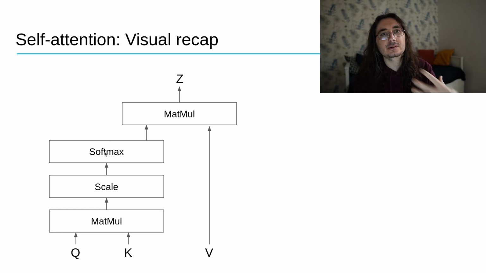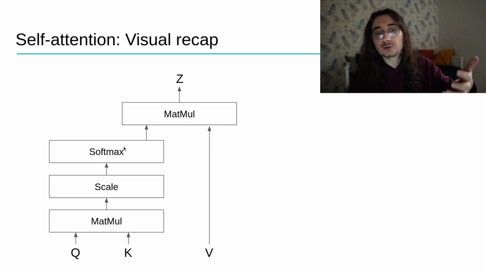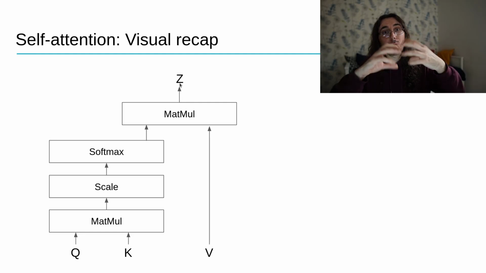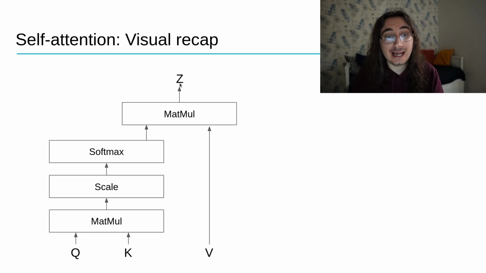We apply softmax so that everything is nice and normalized. We can call this new construct attention scores, and then we apply a matrix multiplication between the attention scores and the value matrix, and as the output you're going to get Z, the overall attention matrix. That's the output of your self-attention mechanism.